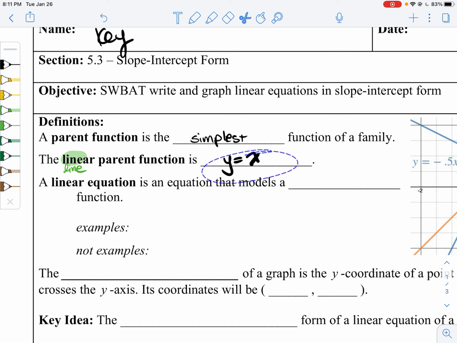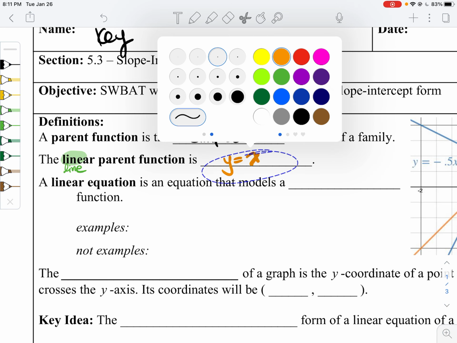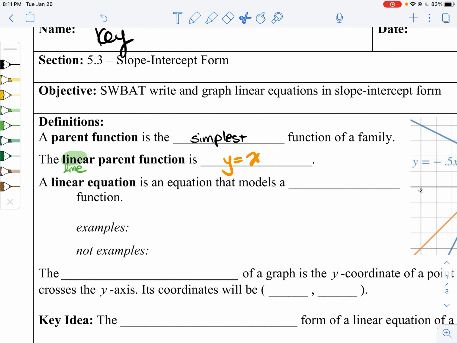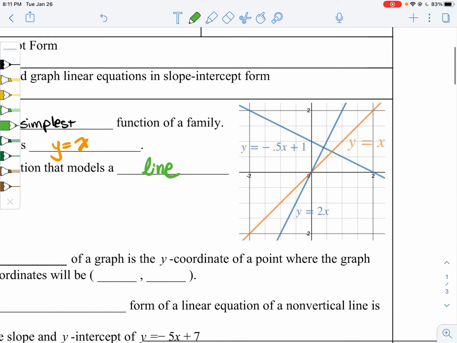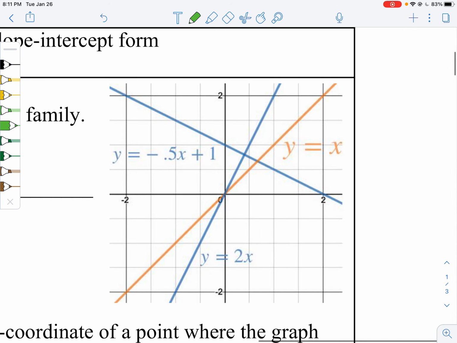So the most basic line graph is y equals x, and anything we do to that is just going to change that graph a little bit. So a linear equation is an equation that, of course, you remember, models a line. If I change the slope, I want to make it twice as high, and I put a little 2x in, then it gets super steep.